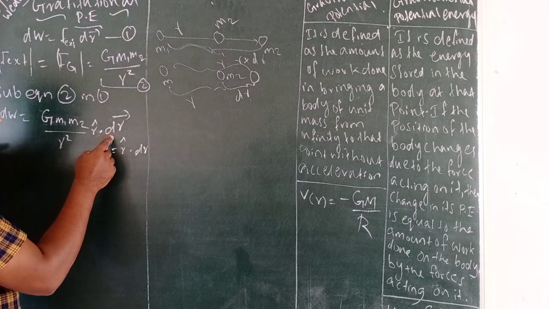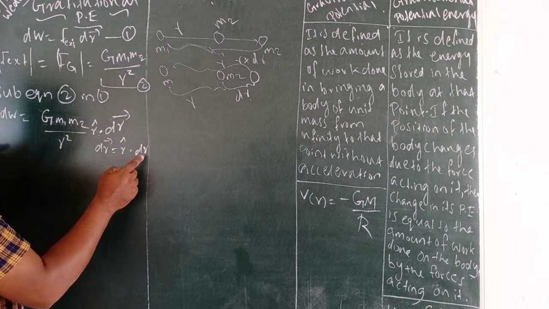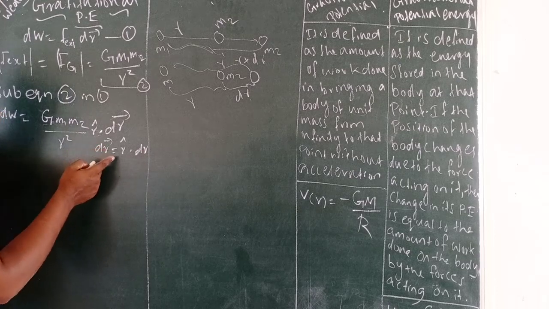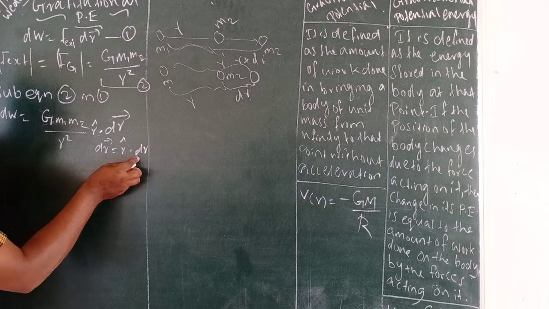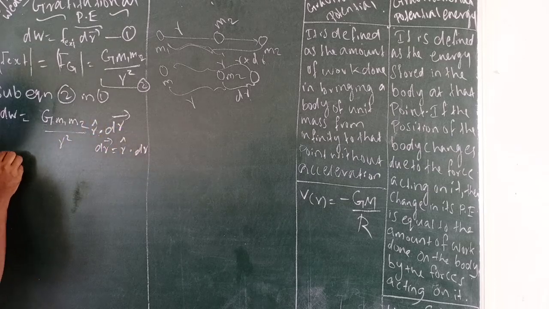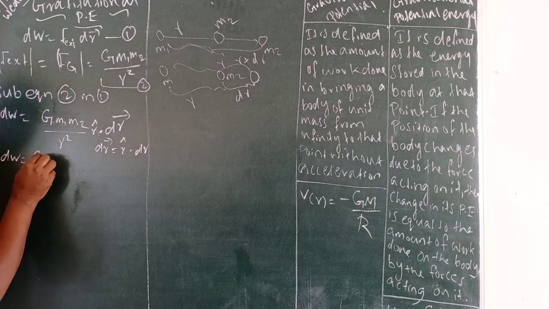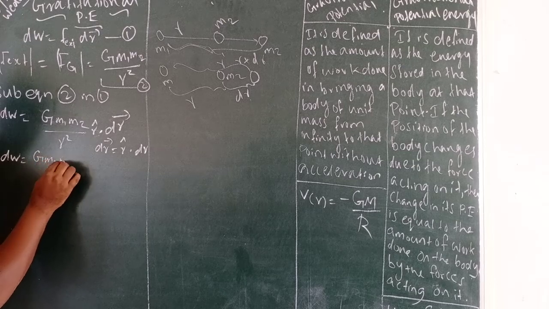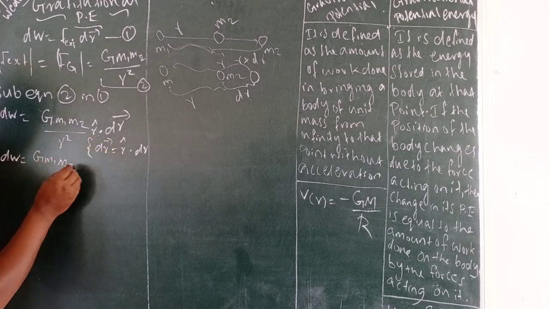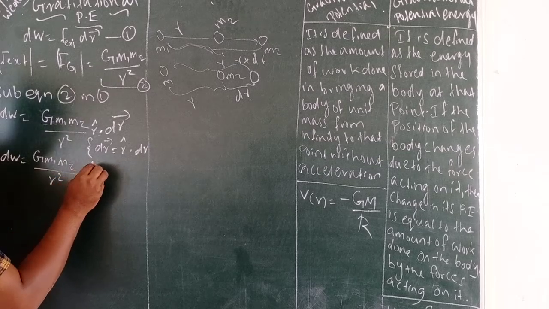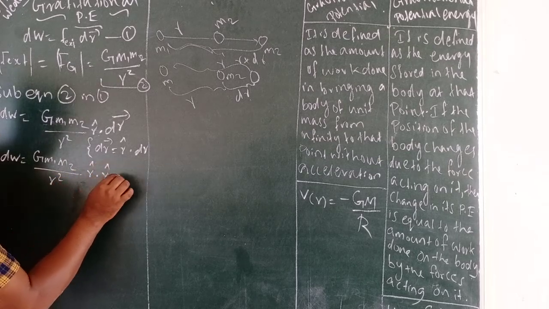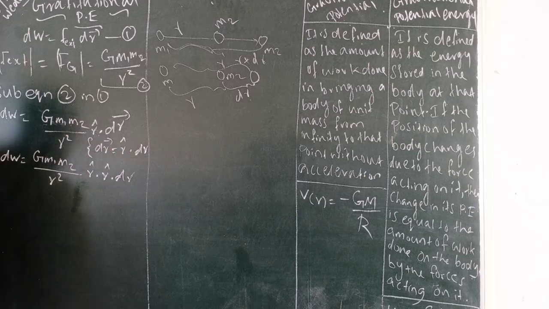We know that dr vector is equal to R cap dot dr. So put this. Now one more thing is there. Now substitute here. So dW is equal to G M1 M2 by R square R cap dot dr.